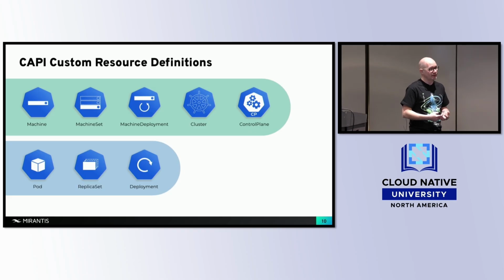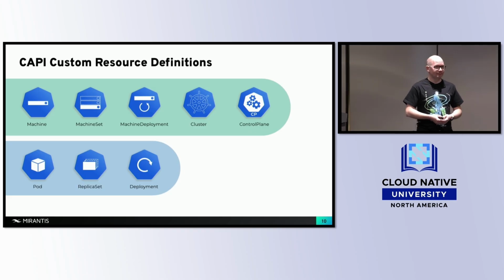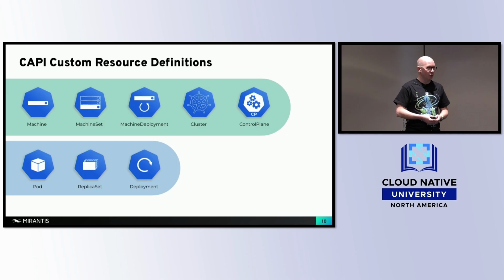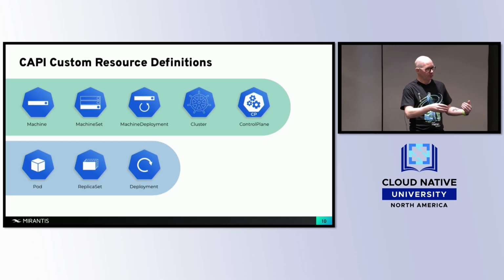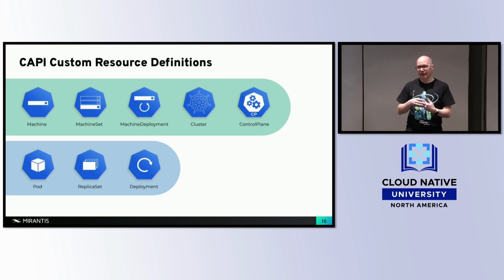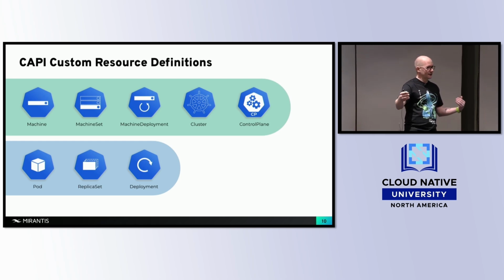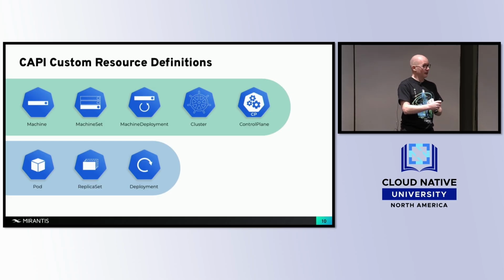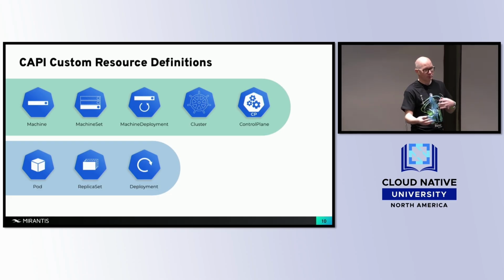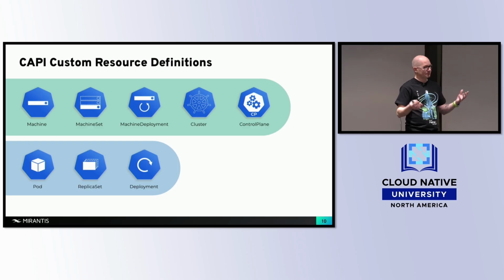And as the name implies, it works pretty much exactly the same way as a deployment works for pods, but machine deployment works for machines. So it basically creates and manages a set of machines. You have a field called replicas, so you can say, okay, I want to run 3 of these machines. And then if you want to update those machines with a newer version of Kubernetes, change some configuration or whatever, you roll out a new version of those machines, like you do for pods as a rolling deployment.